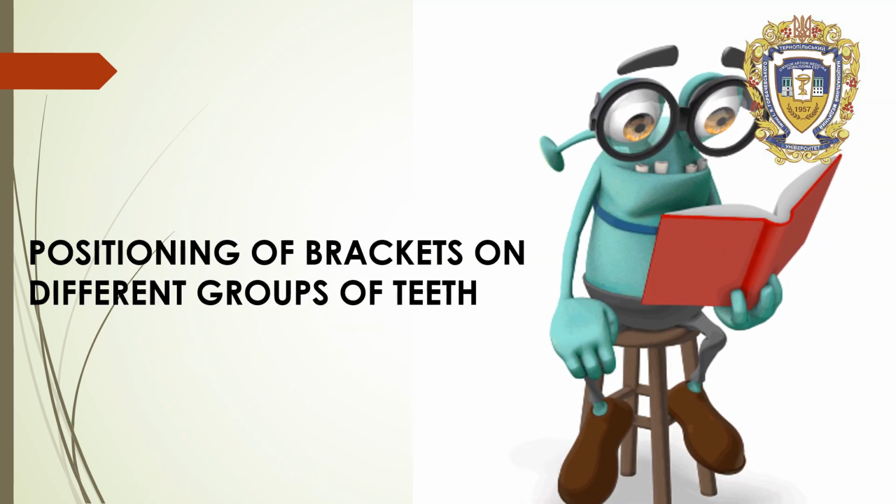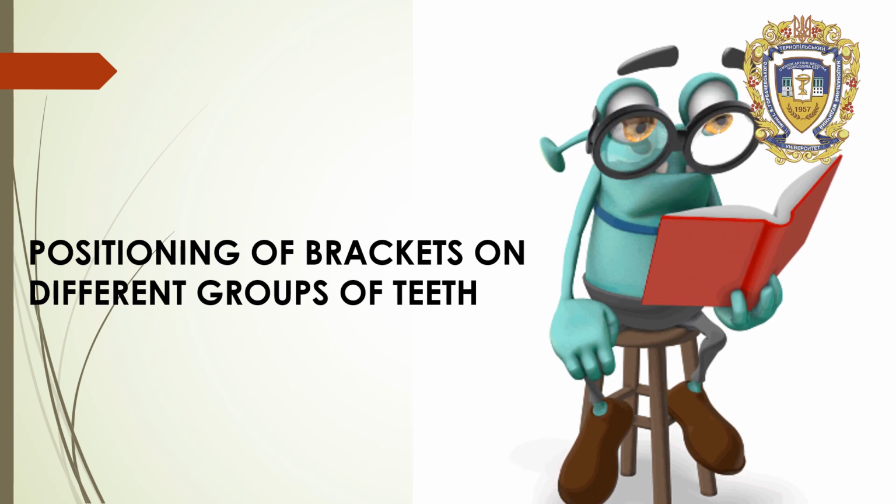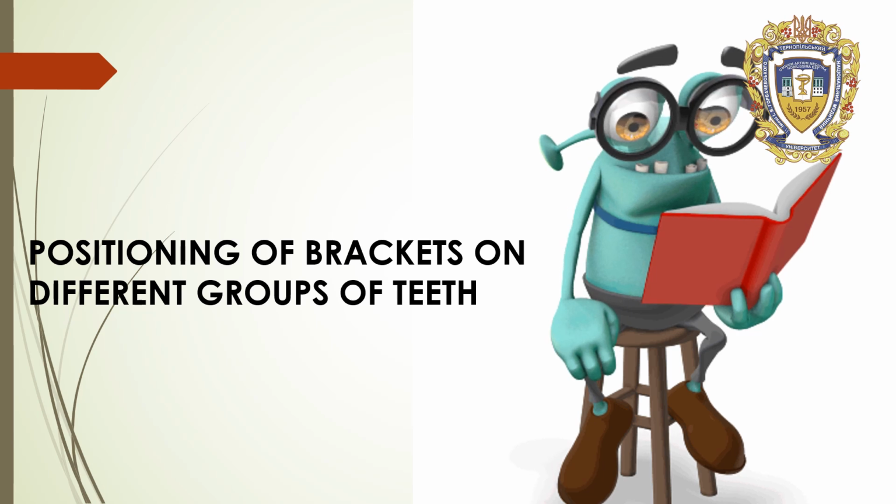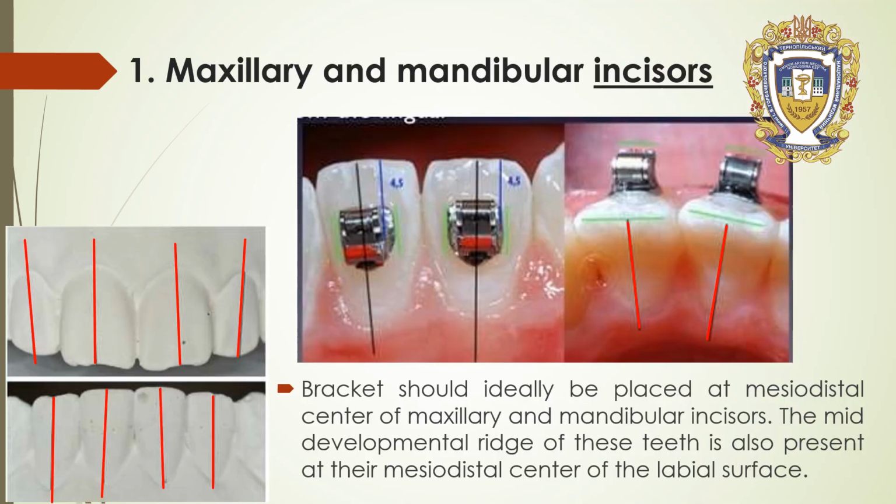And let's talk now about positioning of brackets on different groups of teeth. First group of teeth, maxillary and mandibular incisors.